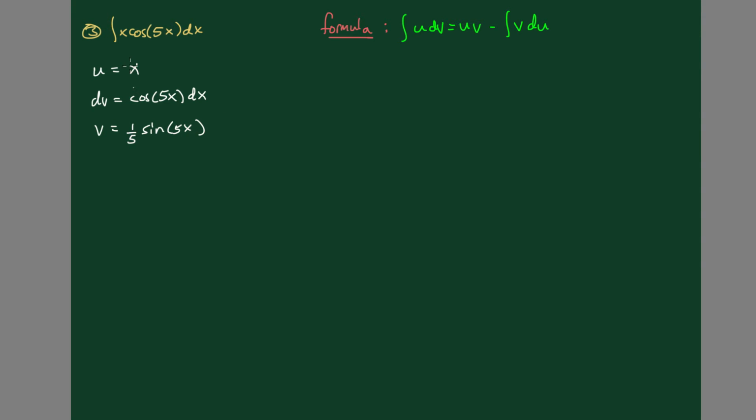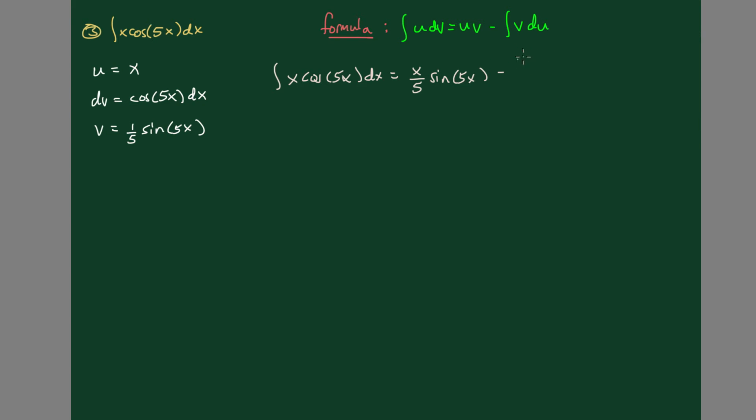Okay, so if we plug this into the formula, we have our u times dv, so that's going to be our x cosine of 5x dx is equal to uv, so that's going to be x over 5 sine of 5x minus the integral of v du.